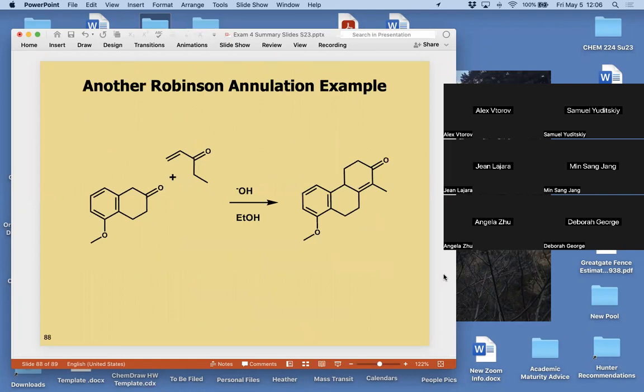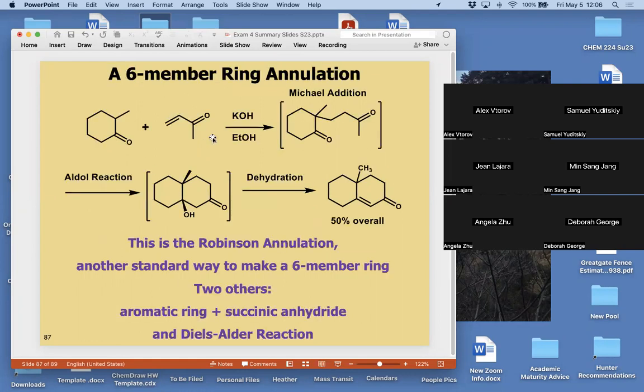This one shows what is called methyl vinyl ketone. And it's kind of easy because 1, 2, 3, 4, 1, 2, 3, 4. Notice the ketone becomes the carbon-carbon double bond, and the ketone in the methyl vinyl ketone is out here.